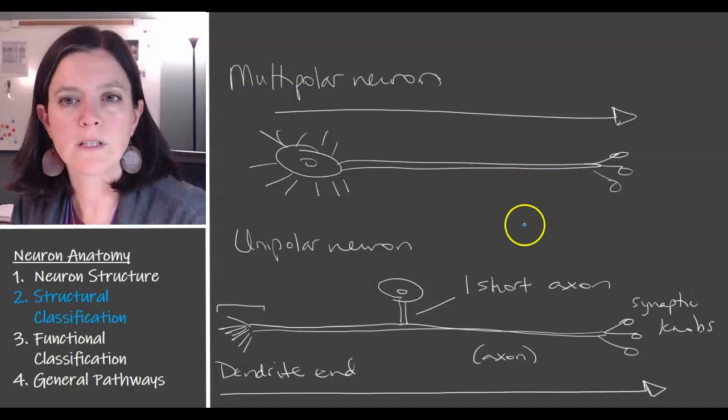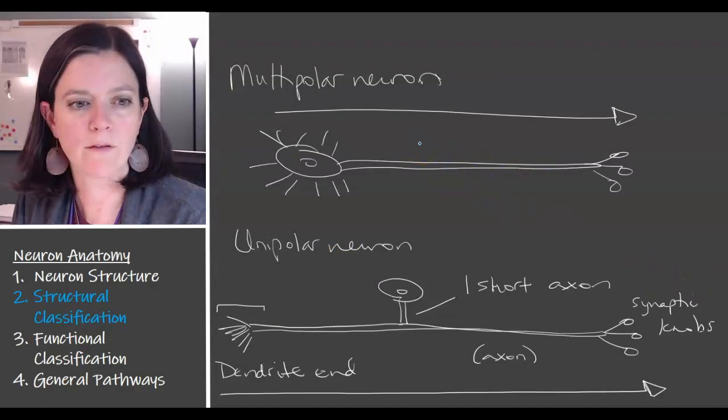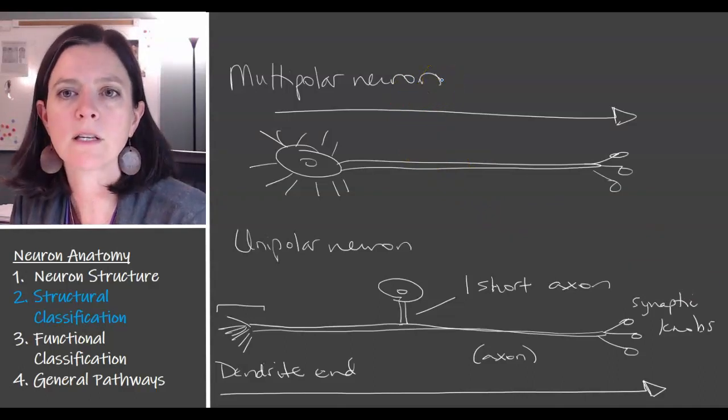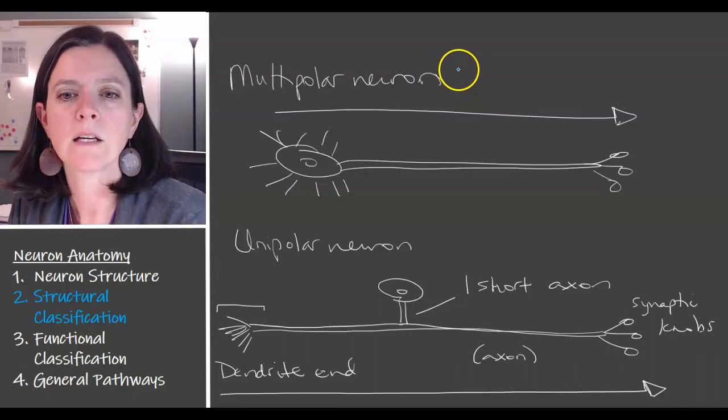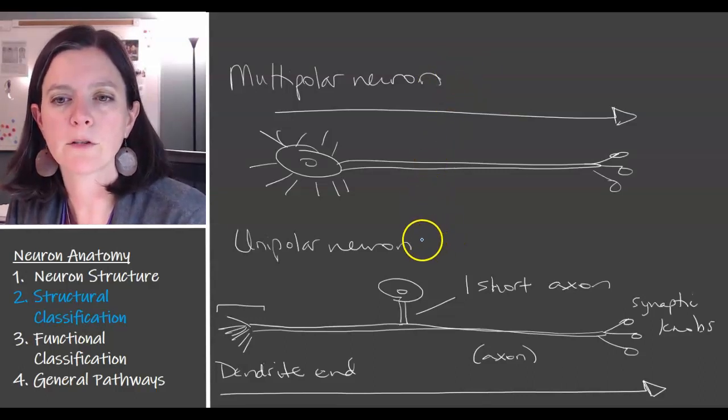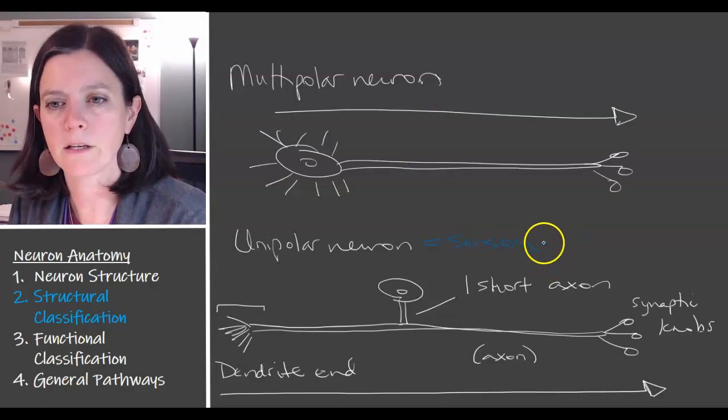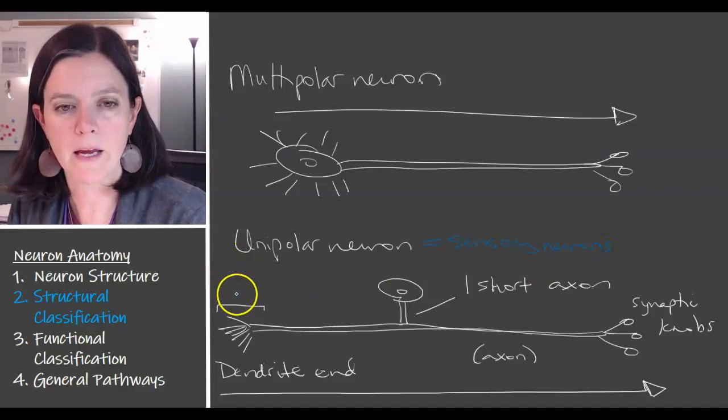We can also start to get in our discussion about the functional classifications of neurons. I want to go ahead and give you some information here before we jump on to the next slide. So all of our unipolar neurons are going to be what we think of as our sensory neurons. That means that these are coming from a receptor.